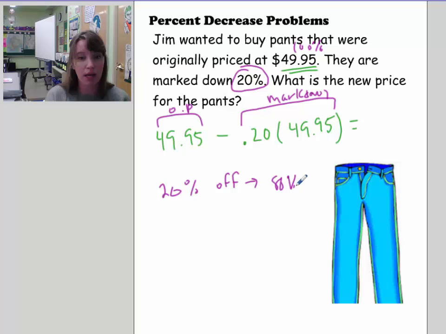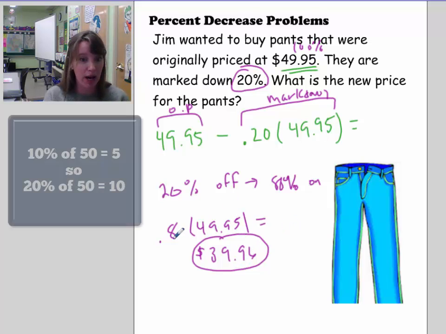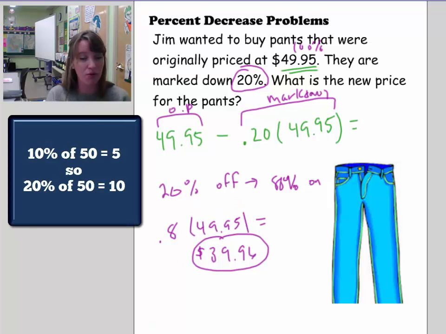So you could just do 80% or 0.8 times $49.95 and still get the sales price here. It's a quick way of doing that. And again, I did this off camera, so we have $39.96. And it would make sense here because it's about $10 off, which is about 80% of a number around 50.